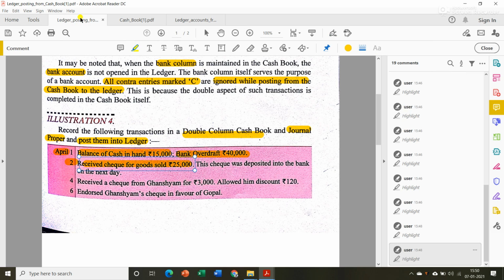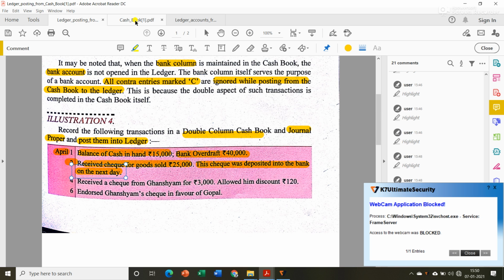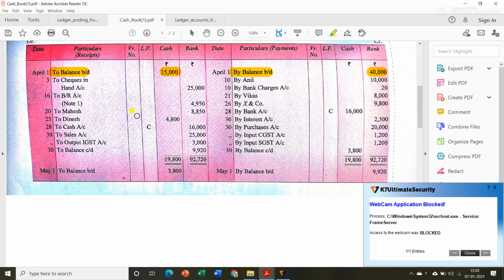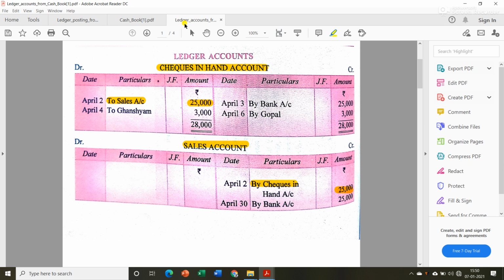Now let us see the next transaction. In the second part of this transaction, they said that this check was deposited into the bank the next day. It means when we deposit the check into the bank, we will receive money in our bank account, so this transaction has to go to the cash book. So we are receiving payment on April 3 to checks in hand account, since the check is going out from our hand, and we receive 25,000 in our bank account. Now for this we have to pass an entry in the ledger account, checks in hand.